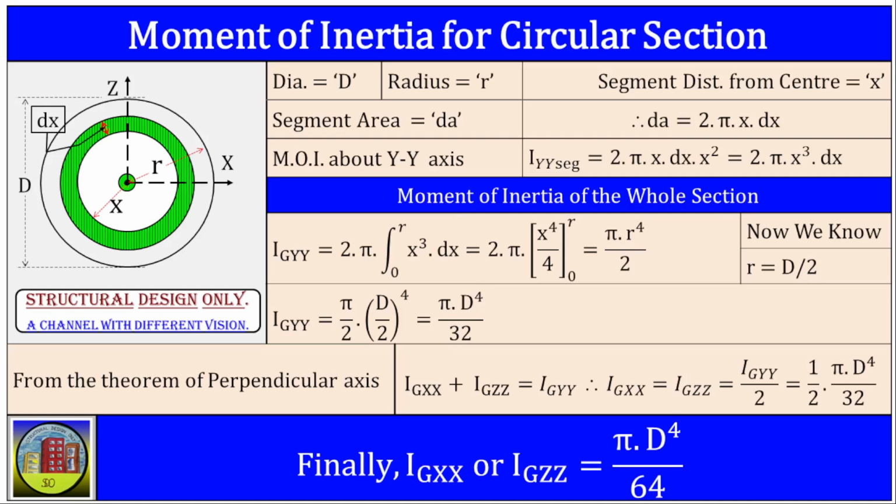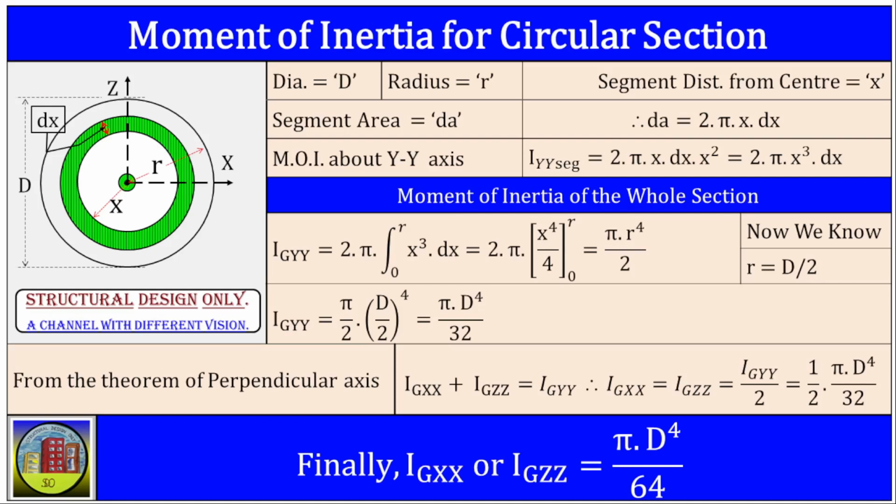Now, consider a tiny ring within the circle, located at a distance x from the center and having a thickness of dx. The area of this infinitesimally small ring, which we'll denote as dA, can be calculated as the circumference of the ring multiplied by its thickness. Therefore, dA equals 2 into pi into x into dx.